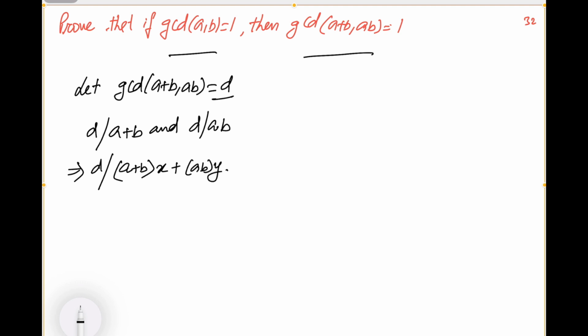Now we choose values of x and y so that we get d divides a square and d divides b square. So let's take first x is equal to a, and y equal to minus 1.